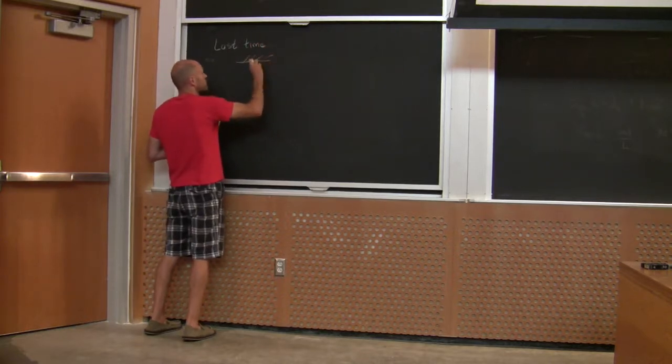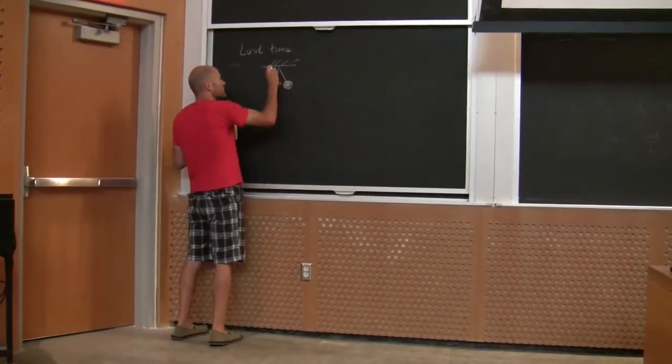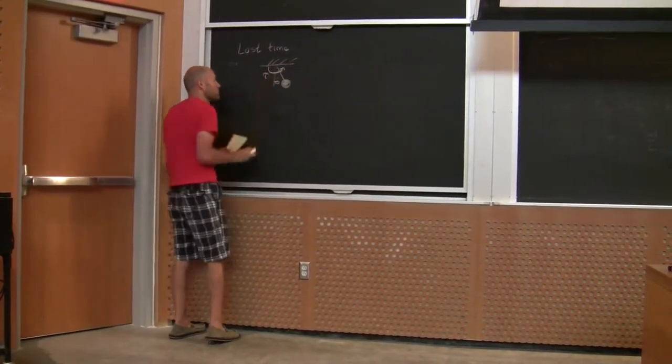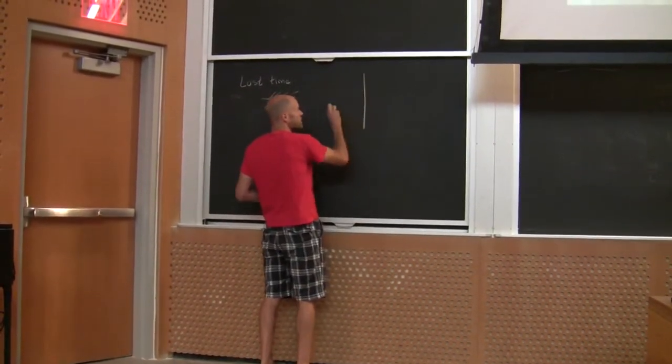So for our simple pendulum, where the angle was here, and we had some torque applied at the base, we tried to understand its dynamics by drawing its phase portrait.